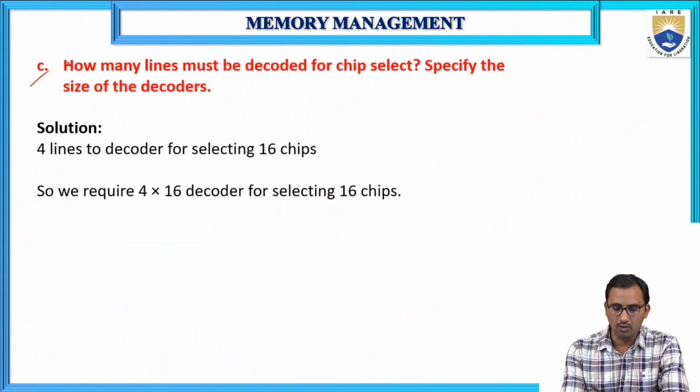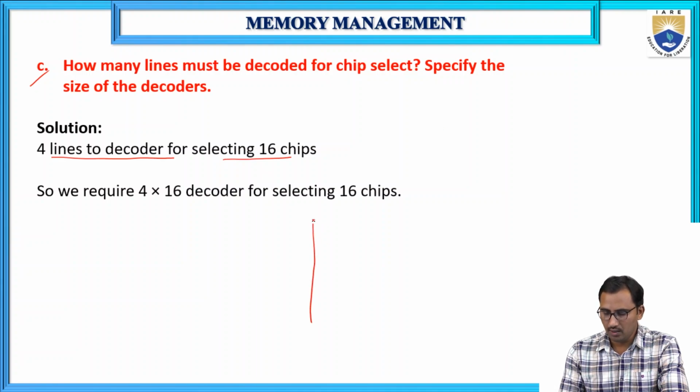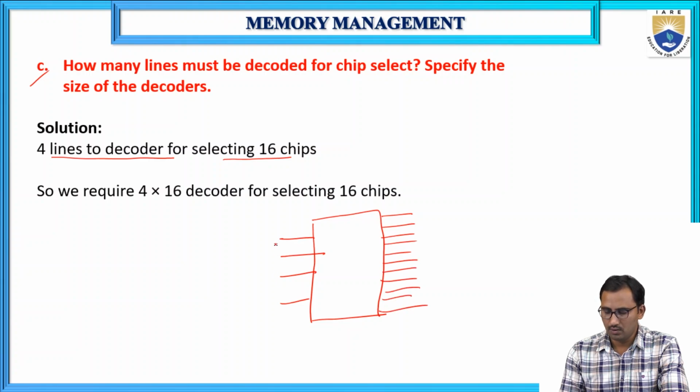Coming to the third one, how many lines must be decoded for chip select? Specify the size of the decoder. So 4 lines of decoder for selecting the 16 chips. Just before we have seen, we need a 4 by 16 decoder. So 4 input lines are there and 16 output lines are there. So these are 4 and these are the 16.